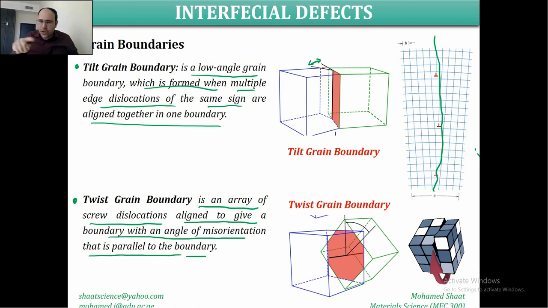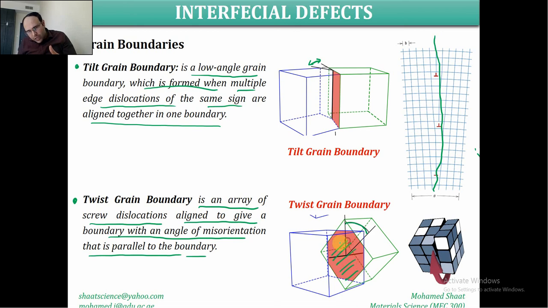So it is an array of screw dislocations aligned together to form a boundary. Also, they should be of the same sign to give the same orientation, with an angle of misorientation that is parallel to the boundary itself.